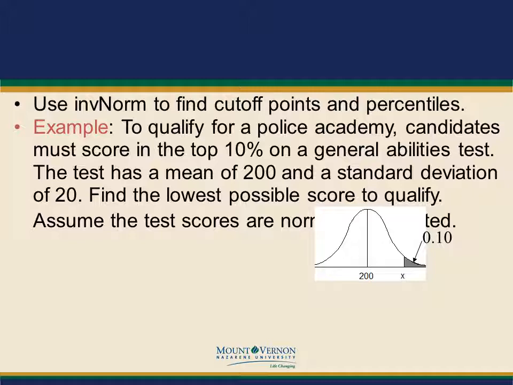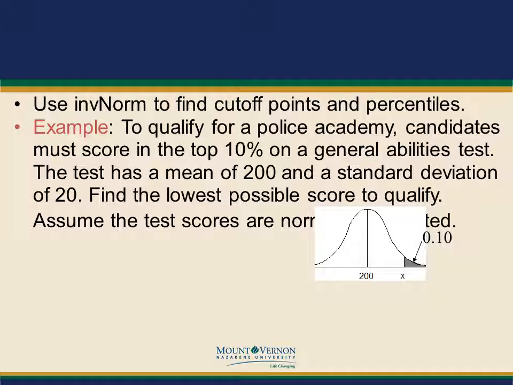But our calculator will only represent percentages to the left. And so I have to do a little bit of mental arithmetic, or you can do this on your calculator before I finish this problem. Specifically, if 10% of all test scores are to the right of the score I'm interested in, then 90% will be to the left. I subtract 10% from 100% to get 90%.